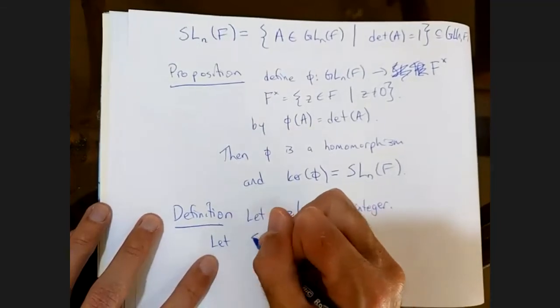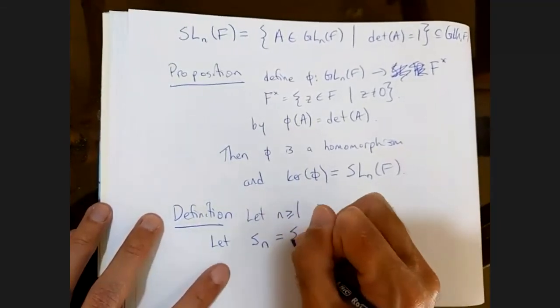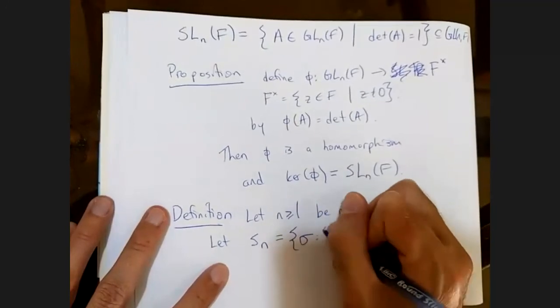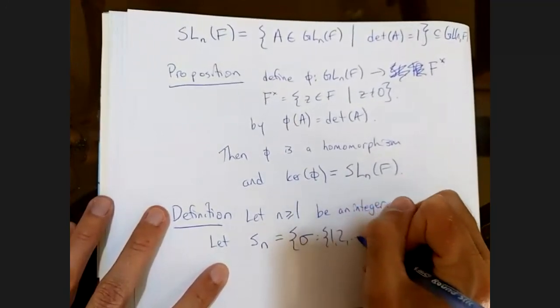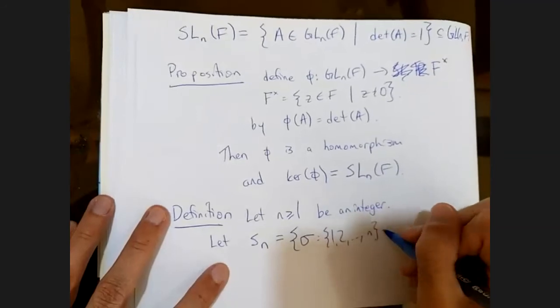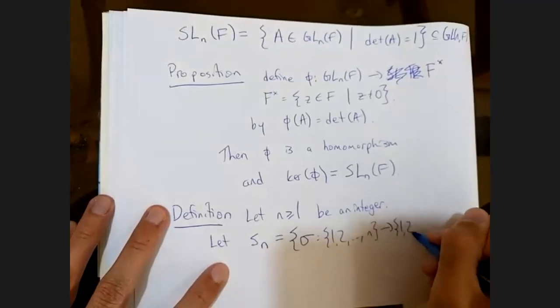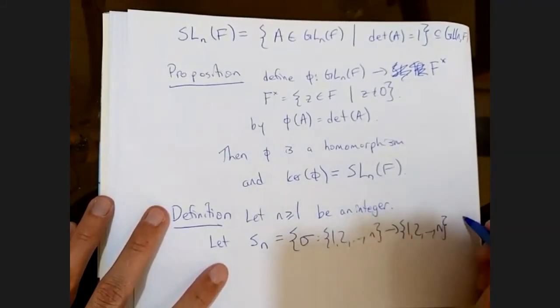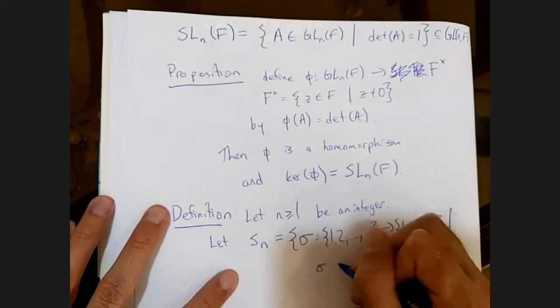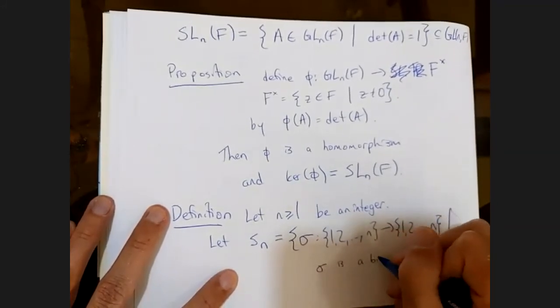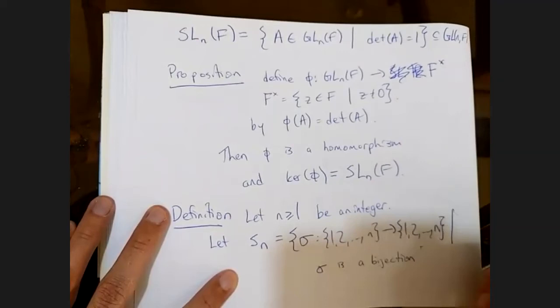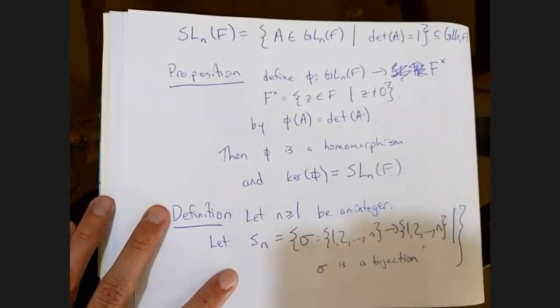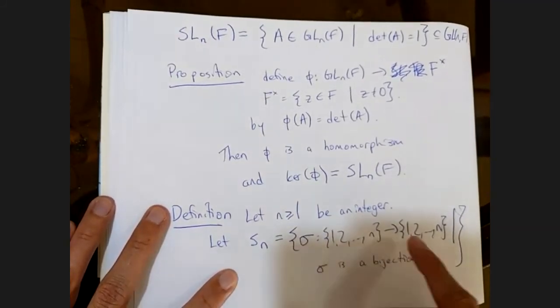And then we have the symmetric group S n, which is all the permutations sigma, the functions from 1 up to n to 1 up to n such that sigma is a bijection. Okay. And this is a group. The group law is just composition of functions.